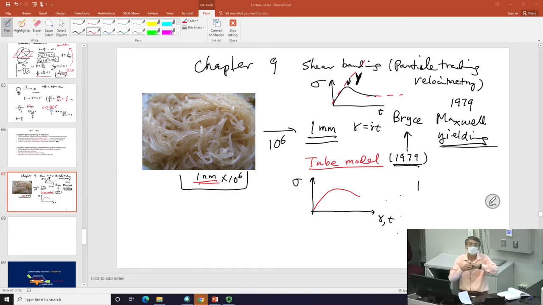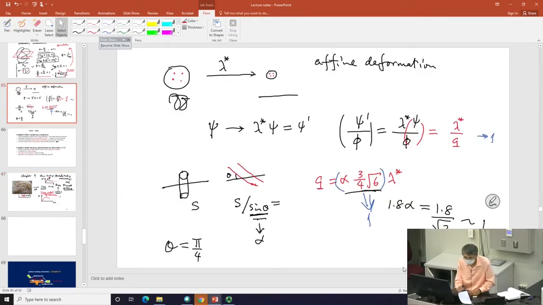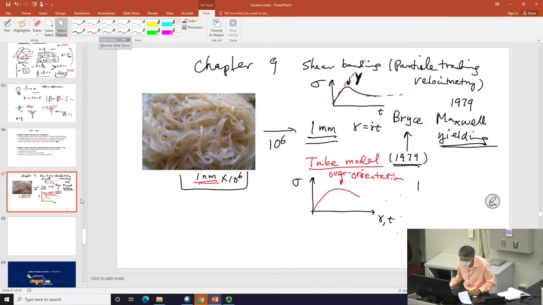And therefore, the idea of calling this maximum yield would not exist. It turns out the origin of this, according to the tube model, casually, one can speak about the fact that the chain is over-orienting. Oops. The chains are this chain.